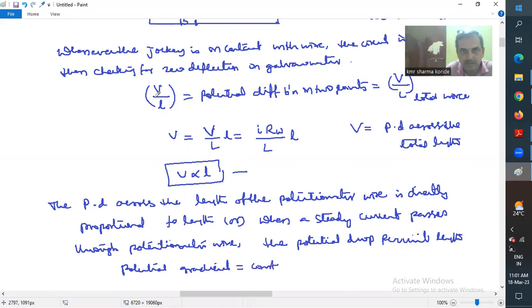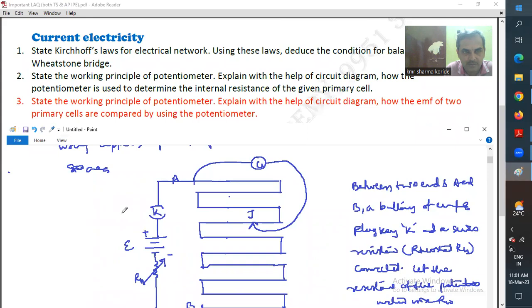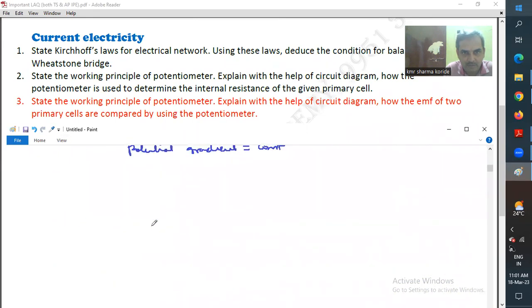Potential gradient means potential difference per unit length between 2 points. This principle has to be written the same for both question number 2 and 3. After you write the principle, let us continue.